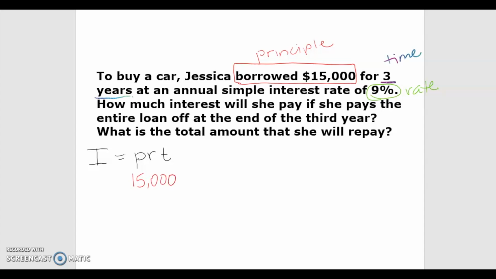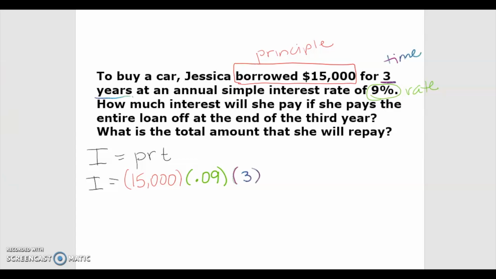So we're going to plug 15,000 in place of P. Our rate, now the rate is a little tricky because we have to turn that into a decimal. So we're going to plug in 9%, but 9% in its decimal form, so 0.09. And then we want to look at the time. How long are we borrowing this money for? And we're borrowing it for 3 years.